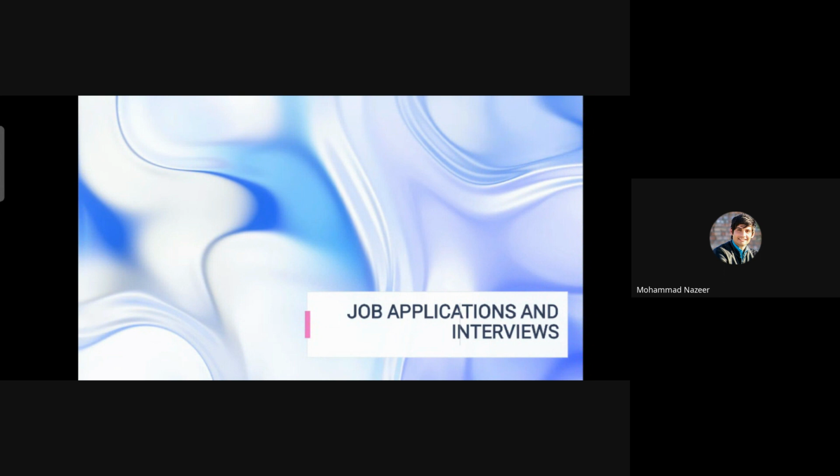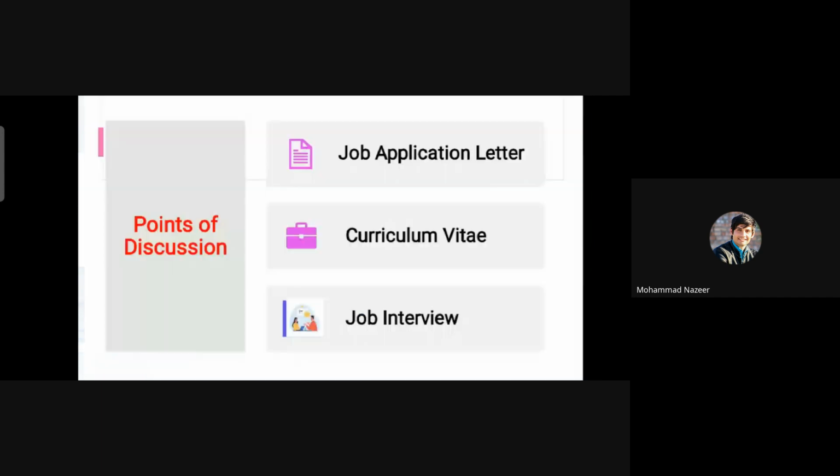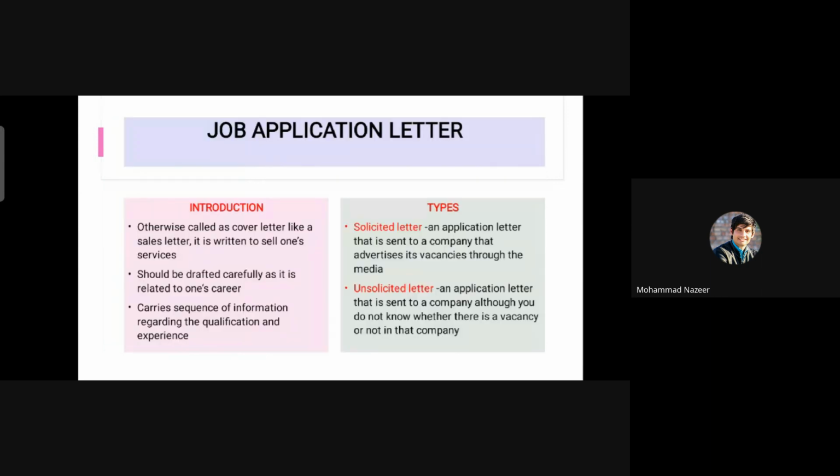Whatever documents we are producing, in an interview or in a CV, it should have all the relevant information. So that is required. So what is the structure? All these things we are going to talk about. As I had already discussed, we are going to talk about the job application letter, the curriculum vitae and the job interview.